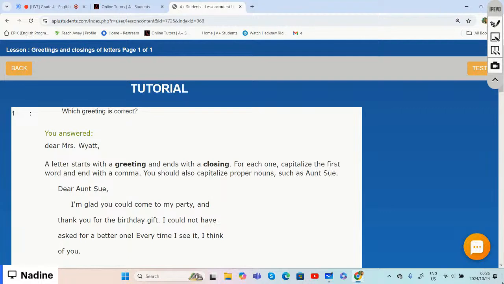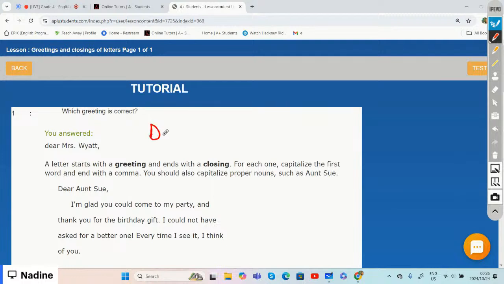If we fix that greeting, it means that Dear needs to be capitalized, Mrs. is correct, Wyatt is correct, followed by a comma.